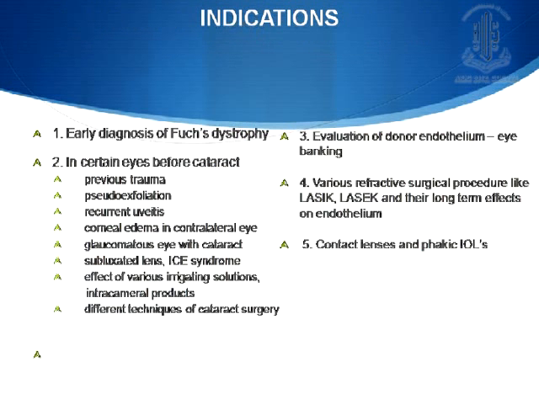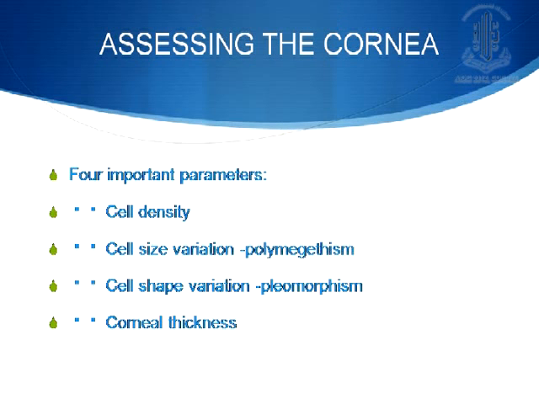What is it used for? You can use it for any condition in which you need to evaluate the endothelium, either before cataract surgery or for evaluating the various drugs or various studies to see what effect it is having on the endothelium, the effect of contact lenses on the endothelium. But what do we assess when we are trying to do all this?